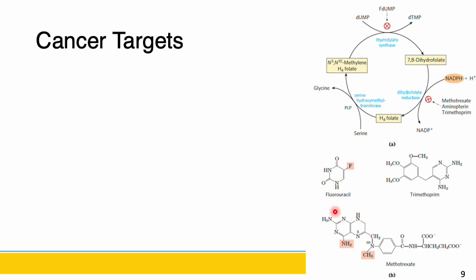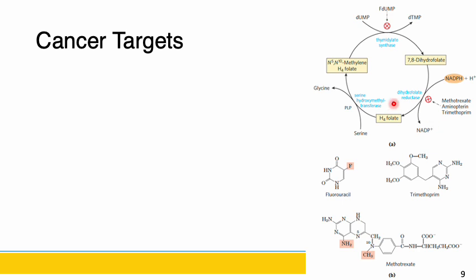Fluorouracil is an inhibitor that acts on thymidylate synthase, and it's an important chemotherapeutic agent. Fluorouracil itself is not the enzyme inhibitor. In the cell, salvage pathways convert it to the deoxynucleoside monophosphate FdUMP. We'll go through that pathway in the next slides, which binds to and inactivates the enzyme.